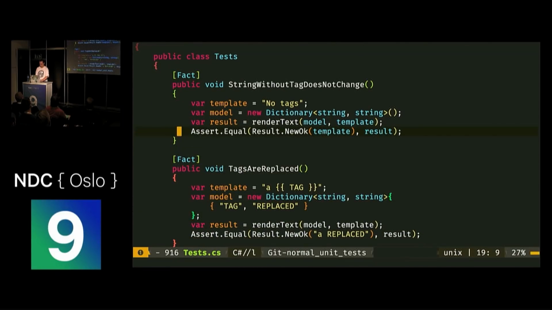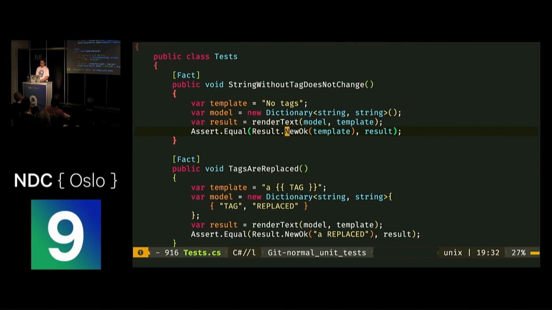And our tests have updated slightly, in that now in our comparison, what we're saying here is not just that the result that comes back should be the same string, but that it should actually be an OK result of the same string. It should be a successful rendering of the text.